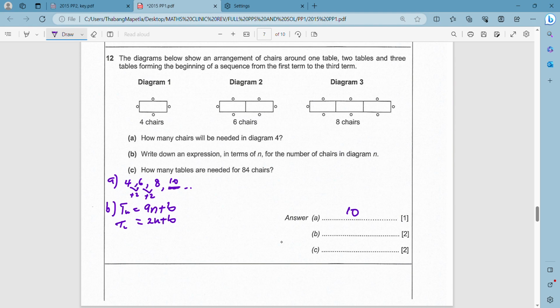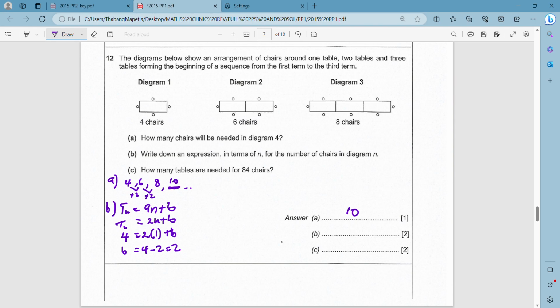What is b? We can just sample and take the one which is in term number 1. Term number 1 is 4, so Tn for term number 1 is 4 equals 2 times 1, the position of the term, plus b. To make b the subject, 2 times 1 is a 2, and then we take that 2 to the other side, so it's going to be 4 minus 2, which is a 2.